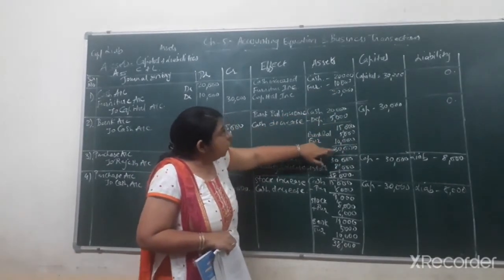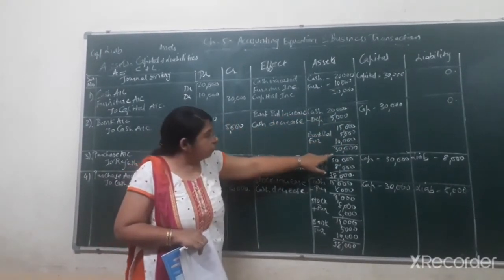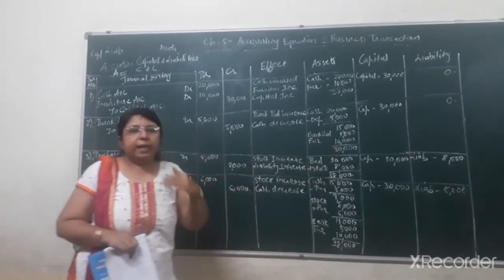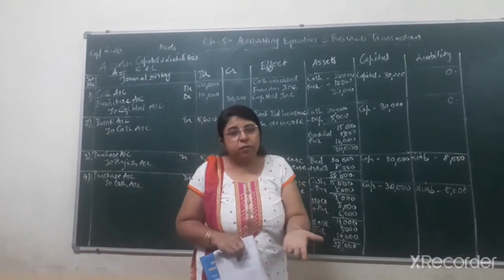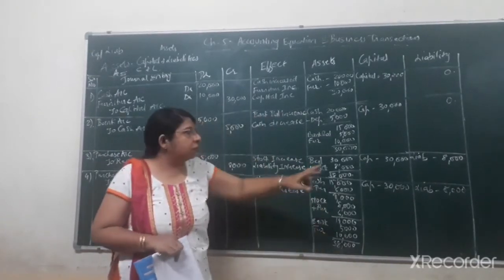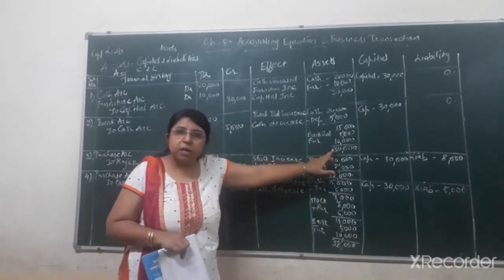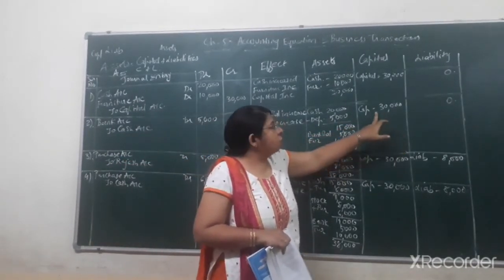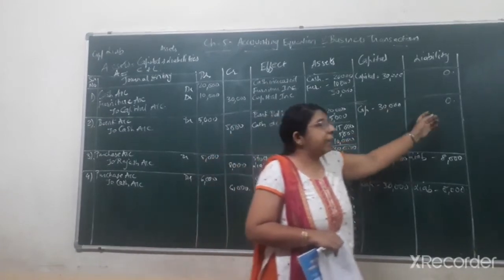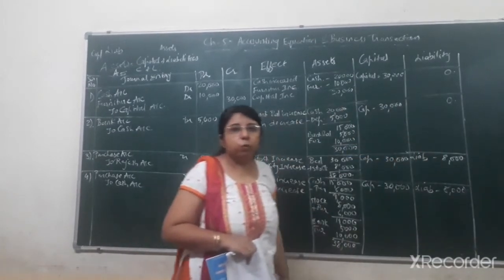The total assets remain the same, 30,000, because cash is reduced but the bank balance is increased by the same amount. There is no effect on capital, so capital is 30,000, and no liability is raised, so liability is 0.